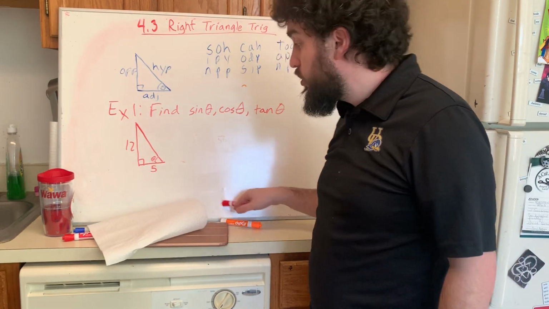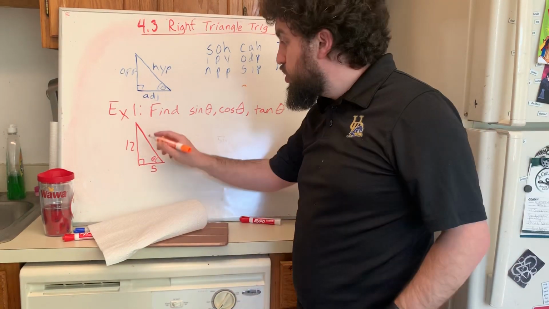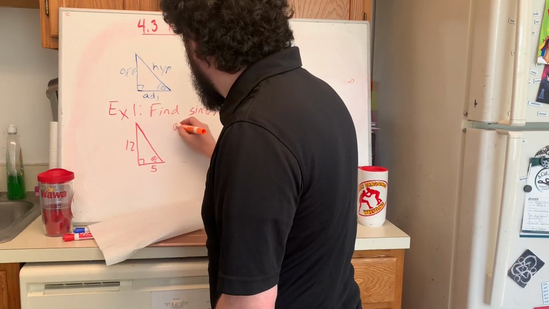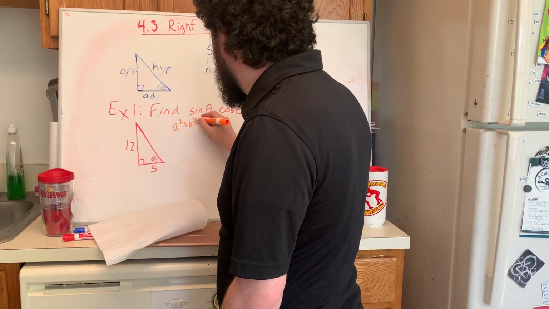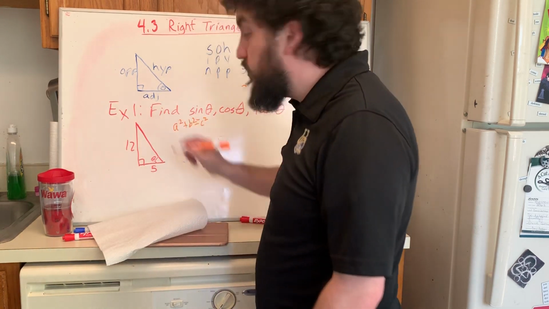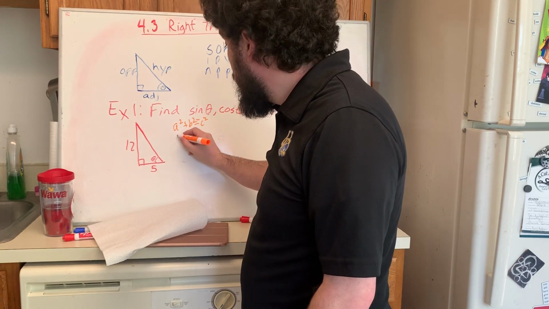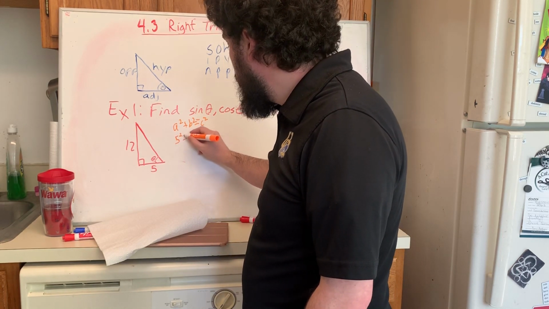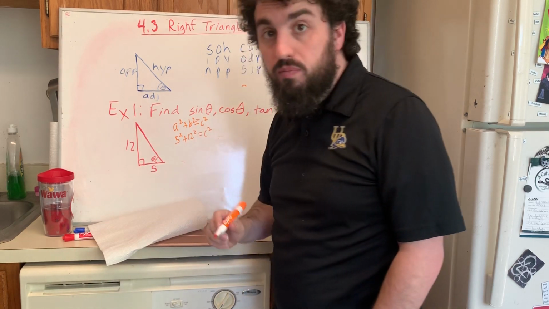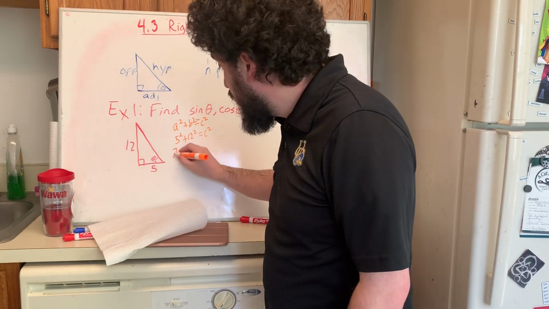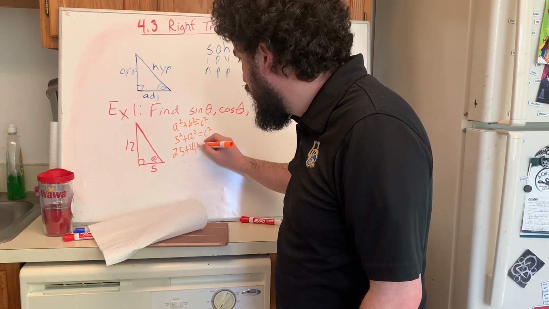Now that I have this, I'm going to take my time. I'm going to first start by utilizing the Pythagorean theorem, which remember says a squared plus b squared equals c squared, to find the missing side. So that's going to be 5 squared plus 12 squared is equal to c squared. 5 squared is 25. 12 squared is 144.